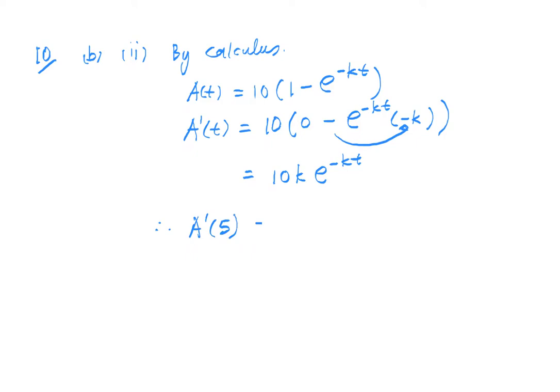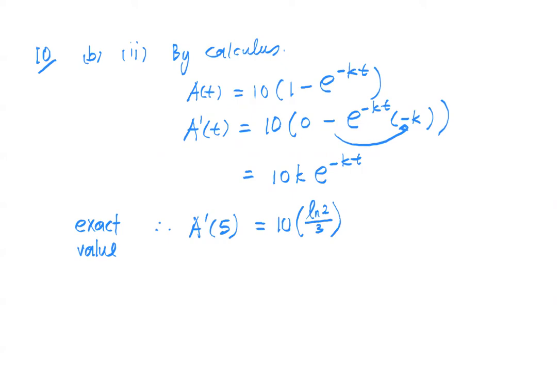That's it. So therefore, A prime 5. This one, do you need to substitute and do it? No need. I can just use my calculator and get the answer. That's it. Unless they say exact value. If they say exact value, then you have to substitute. Your K is ln 2/3, correct?